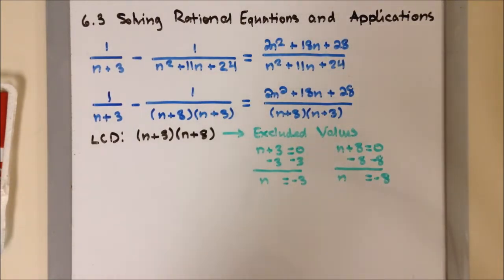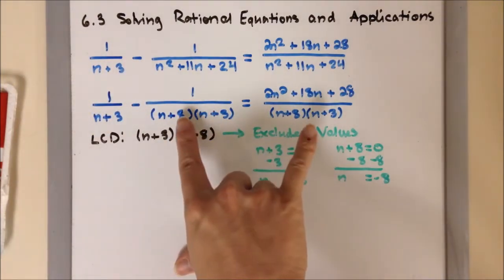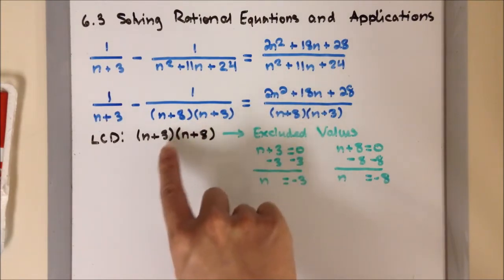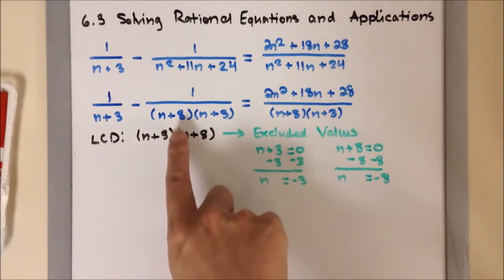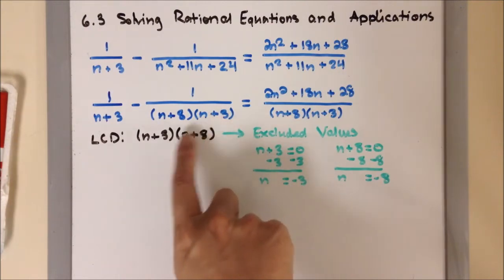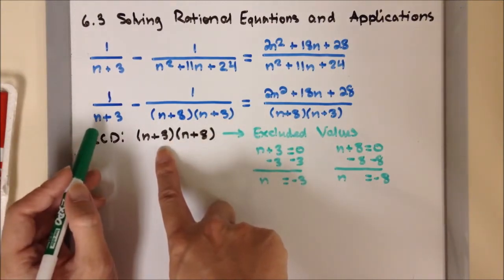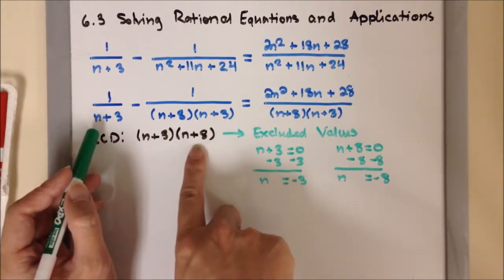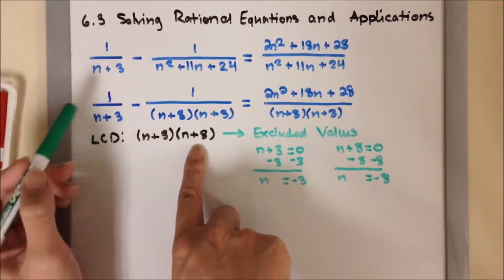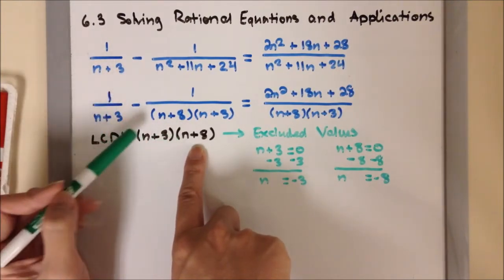Next is to make sure all fractions have the same denominator. Now, these two fractions have the same denominator that matches with the LCD. They both have n plus 8 and n plus 3. Now the first fraction has n plus 3 but not n plus 8. So what we're going to do is multiply top and bottom by n plus 8.